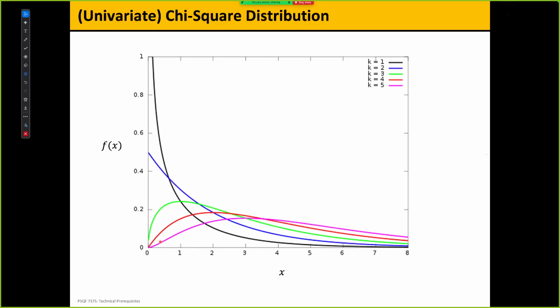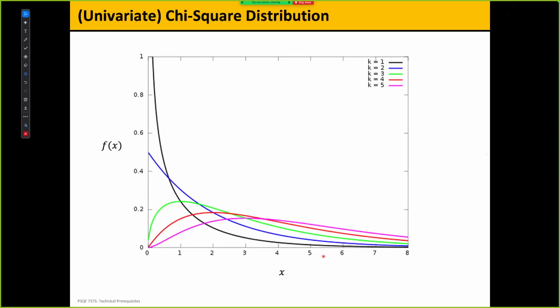And what you can see with this is as the parameter, this is k, but it should be nu, as the degrees of freedom increases, the shape of this distribution starts to go from this weird inverted parabola thing to something that's much more skewed, right? So what a chi-square tends to be is positively skewed for small degrees of freedom, and as the degrees of freedom gets larger and larger, it actually starts to look symmetric eventually. But that's less the point.